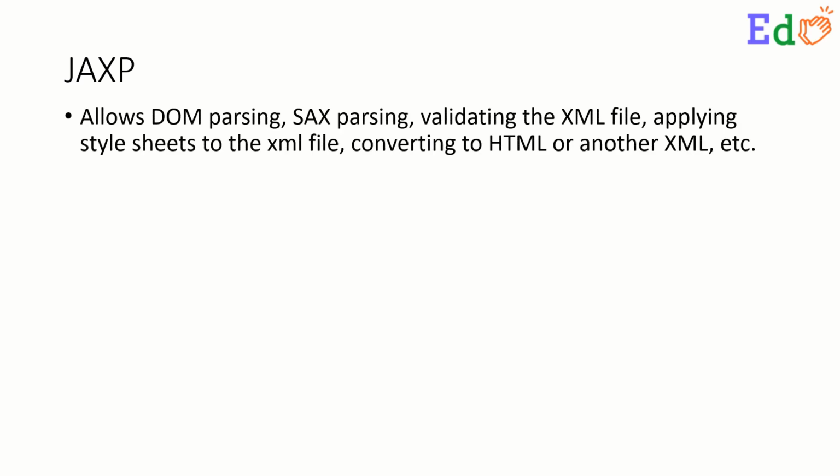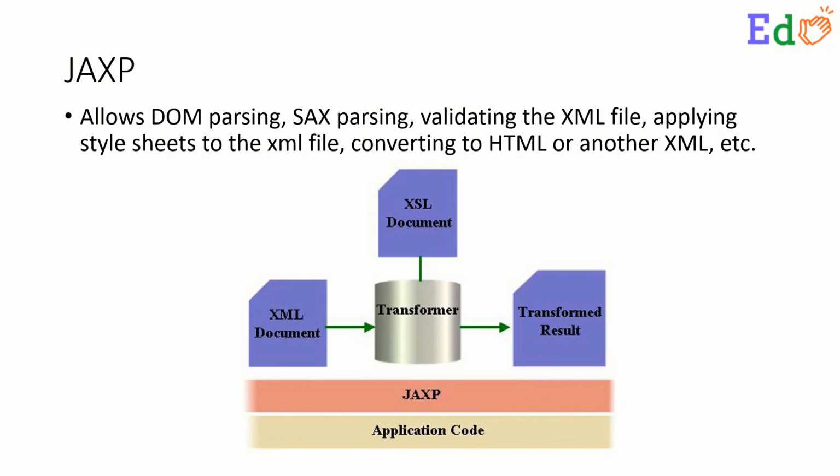Next comes JAXP, Java APIs for XML Processing, which allows DOM parsing, SAX parsing, validating the XML file, applying style sheets to the XML file, converting to HTML or another XML, etc. This is a sample description.